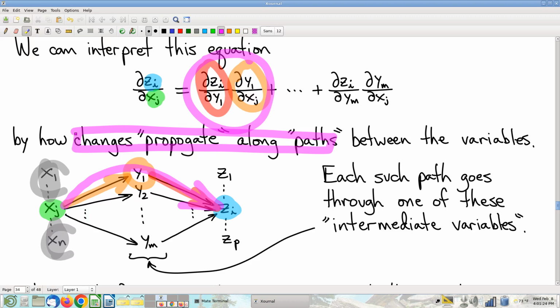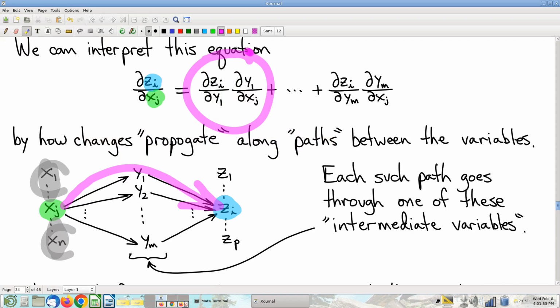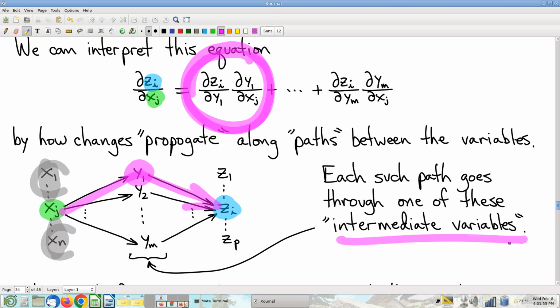Okay. Cool. So this term in this formula that we have up here that came from the matrix form of the chain rule, you can think of that as basically keeping track of how changes propagate along that path. And further notice, this path corresponds to this variable y1. The path in some sense goes by way of y1, which is what we call an intermediate variable.